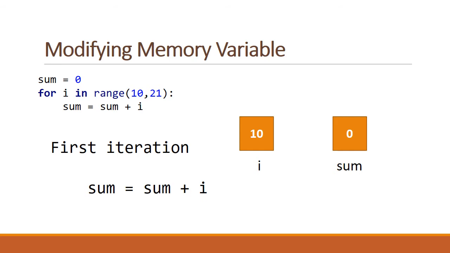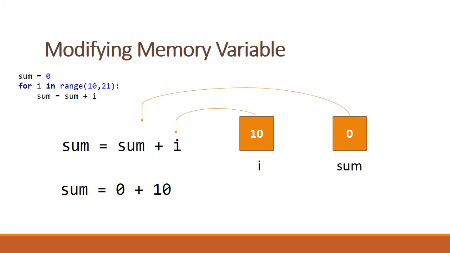Then at the beginning of the for loop, i is a variable memory location, and it's assigned the start value 10. So at the beginning of the first iteration, sum has the value 0, and i has the value 10.